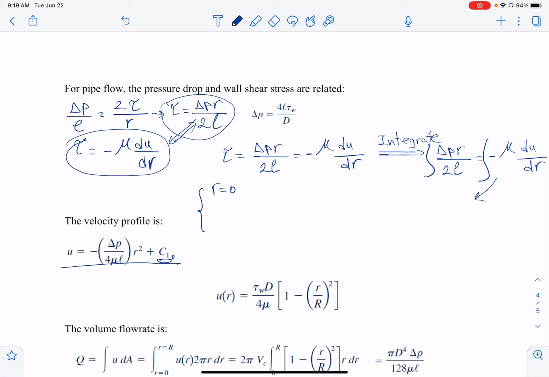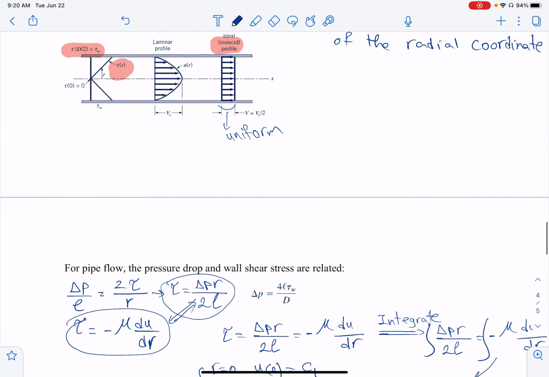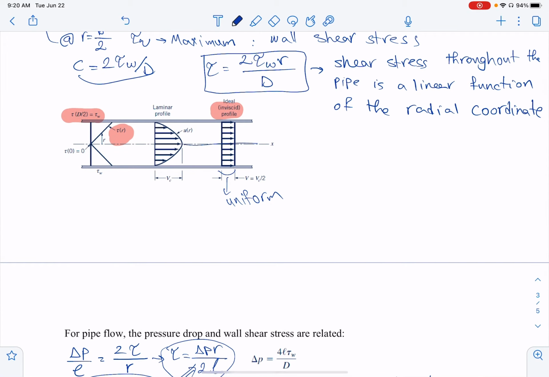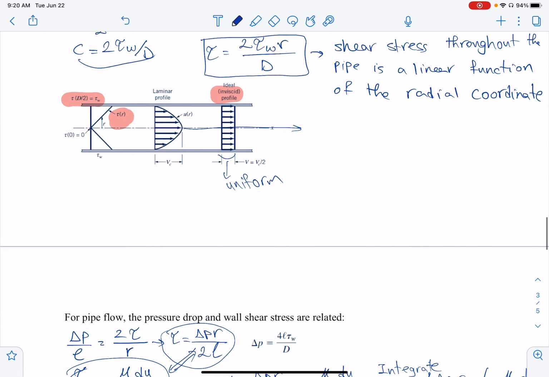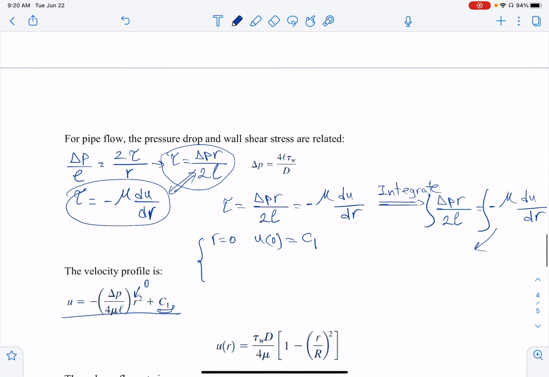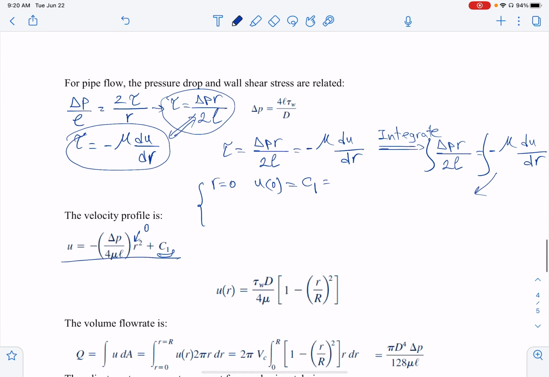So at r equal to 0, right, at the middle of the pipe, if we put r equal to 0 here, we get u is equal to C1, right? And we know that at the center line, we have the maximum of the velocity, or we can call it the V of the center line. So let's call it V of the center line.